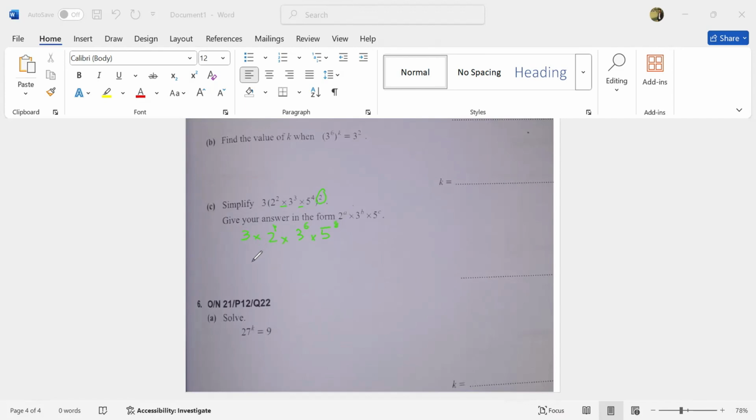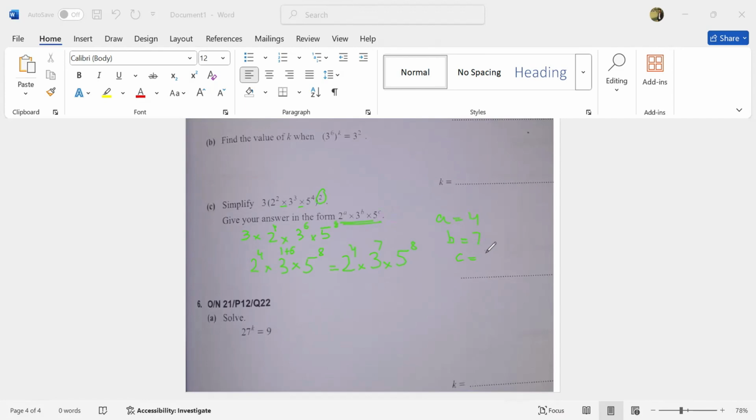Now, 2 power 4 as it is, 3 power multiply 5 raised to the power 8. So we are left with 2 raised to the power 4, 3 raised to the power 7, and 5 raised to the power 8. If we compare with our given format, it means our A is 4, B is 7, and C is 8.